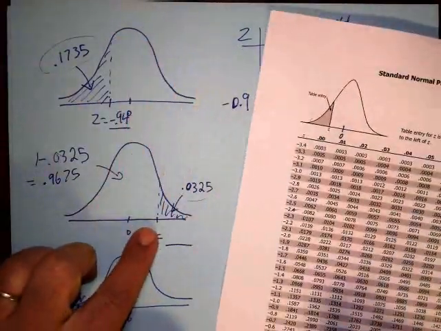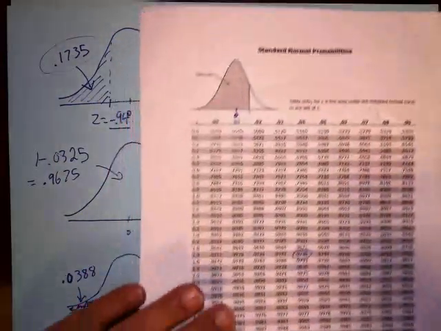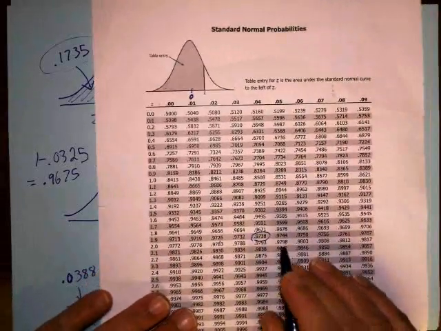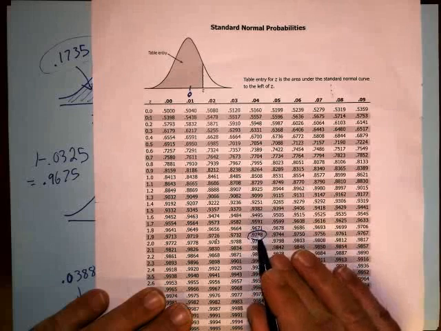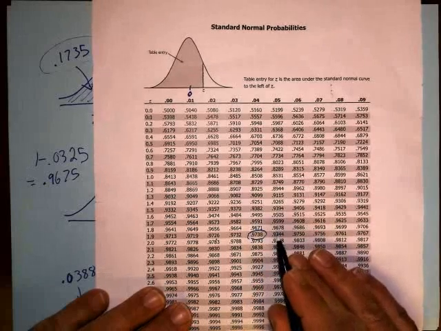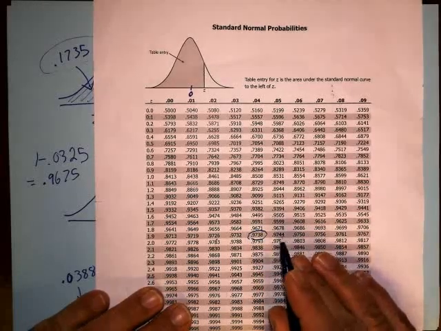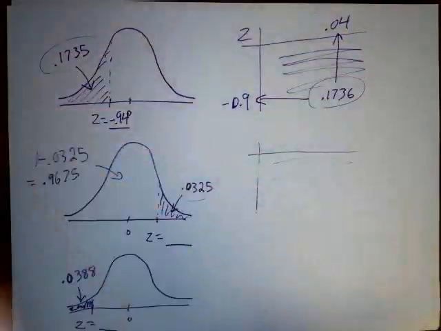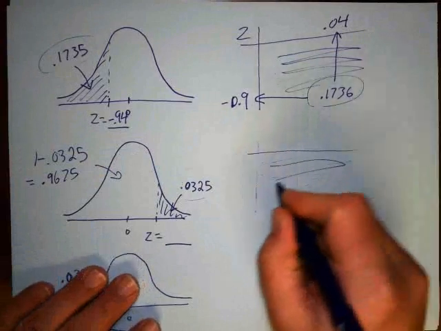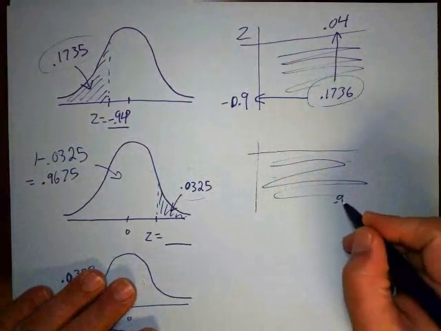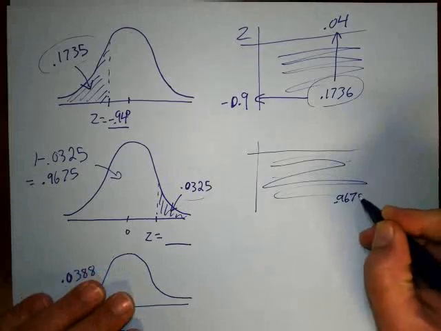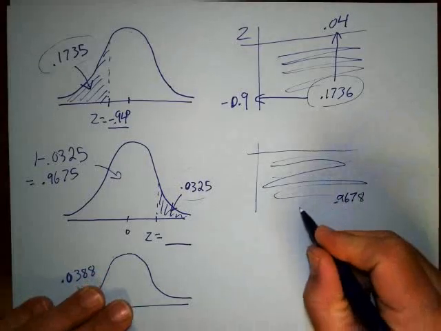And I'm looking that up on the positive side, 0.9675. And you see I got 0.9671 and 0.9678. So the 1 is 4 away, the 8 is only 3 away. So the one that comes closest as I look through here is 0.9678.